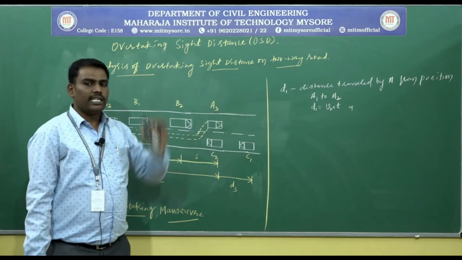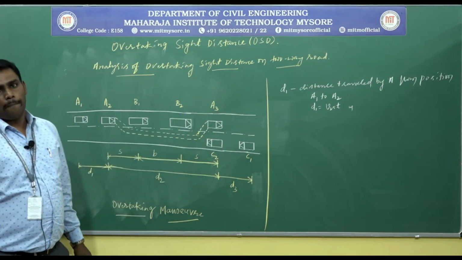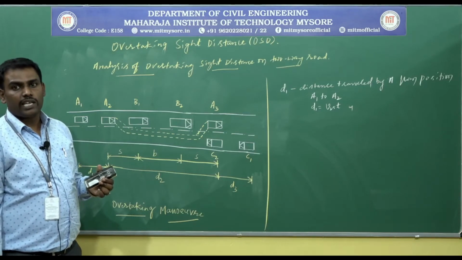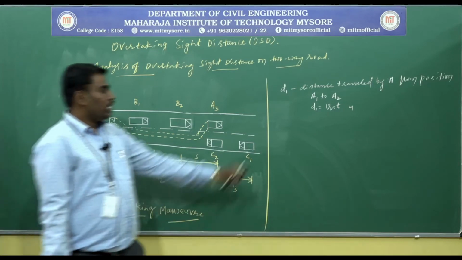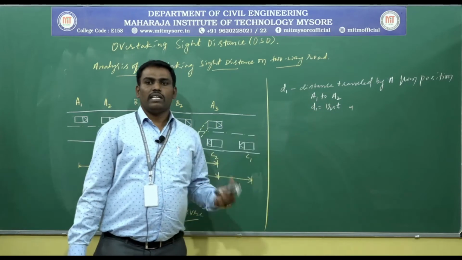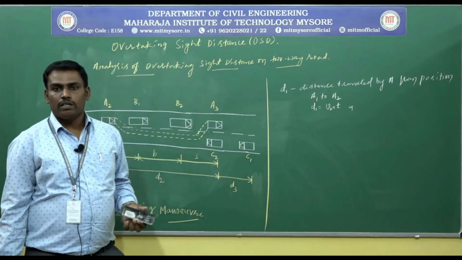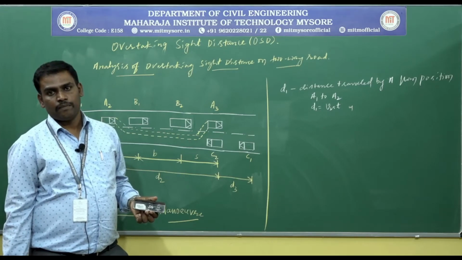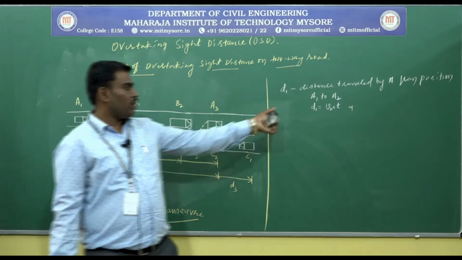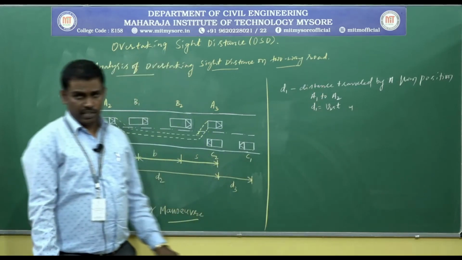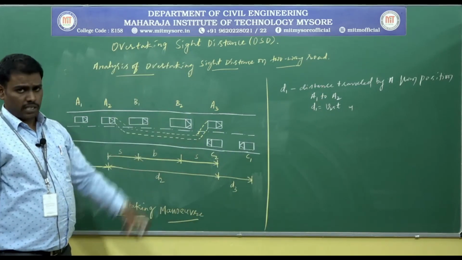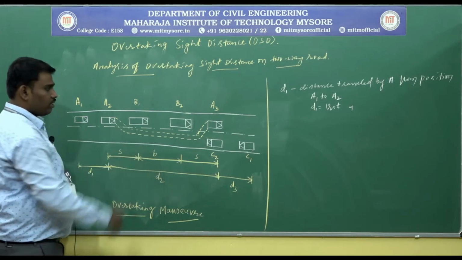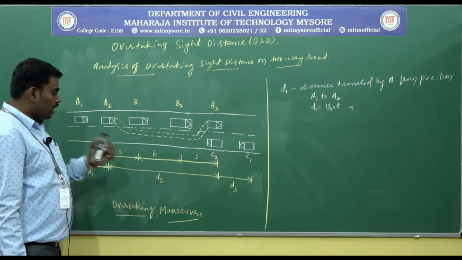D1 is the distance travelled by the overtaking vehicle during the reaction time t seconds. Therefore, D1 is equal to Vb into t. We know that distance is equal to the product of speed and time. The speed is Vb and the time is the reaction time t seconds, and we get the answer in meters. Then the second operation is D2.